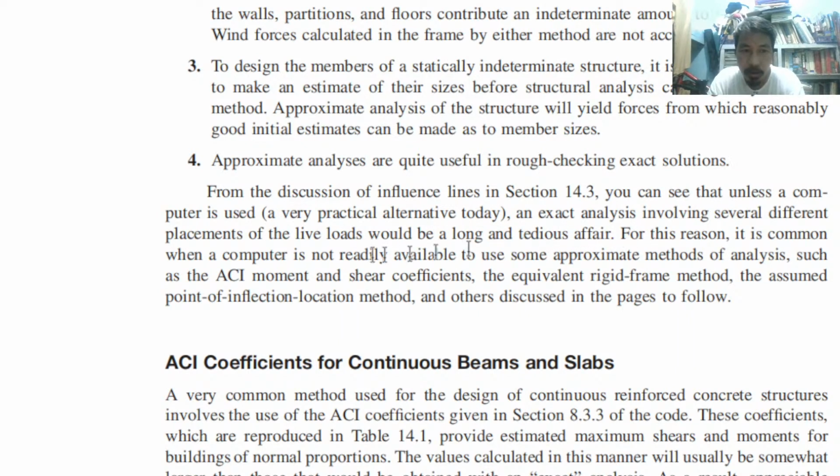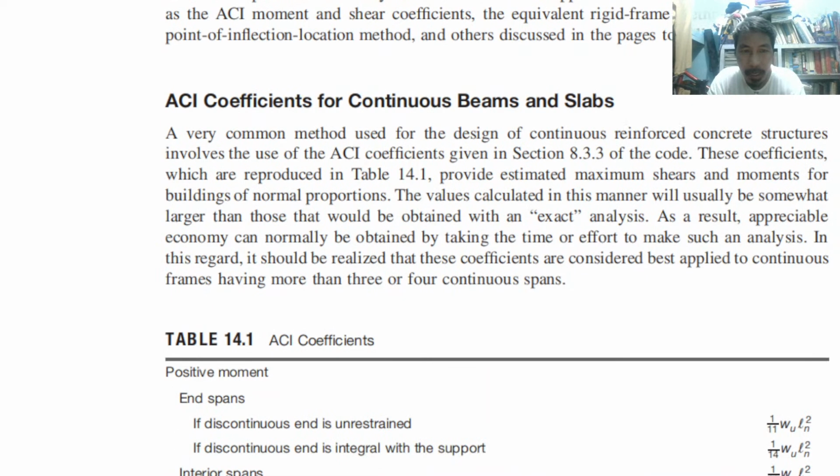For this reason, it is common, when a computer is not readily available, to use approximate methods of analysis, such as the ACI moment and shear coefficients, which we will talk about.